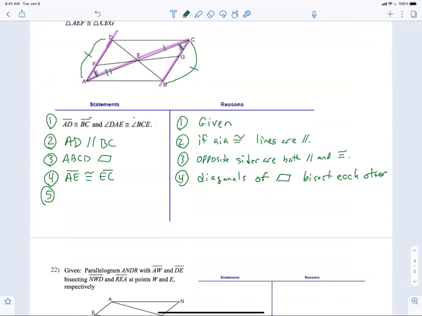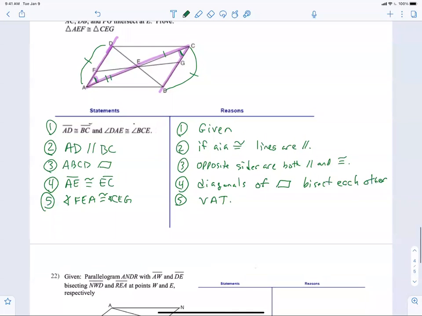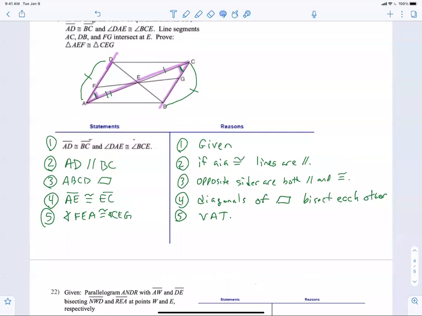Vertical angles. And then we can say, and why is that? Angle, side, angle.